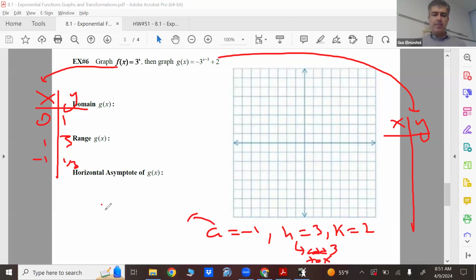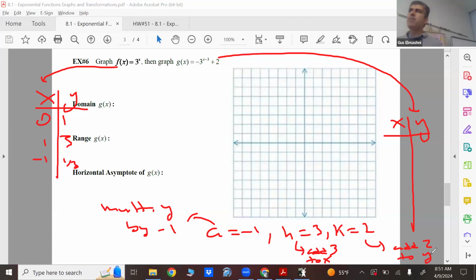Here you're going to multiply y by -1. Here you're going to add 2 to y. But remember, if you're doing two things to y, which one comes first, multiplication or addition? PEMDAS. Which one comes first? PEMDAS. Multiply, good.